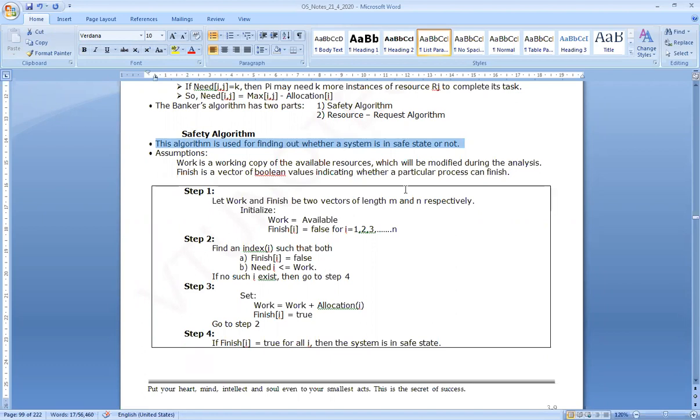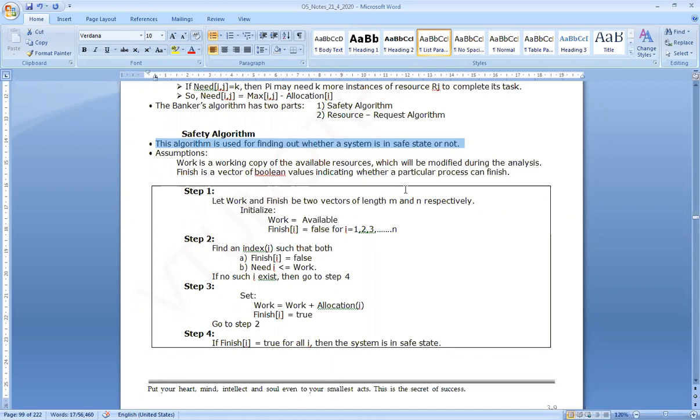When there are processes P1, P2 and P3, and they require some resources for successful execution, we should allocate all the resources for P1, P2 and P3, and see that process P1 executes, process P2 executes, and process P3 executes.